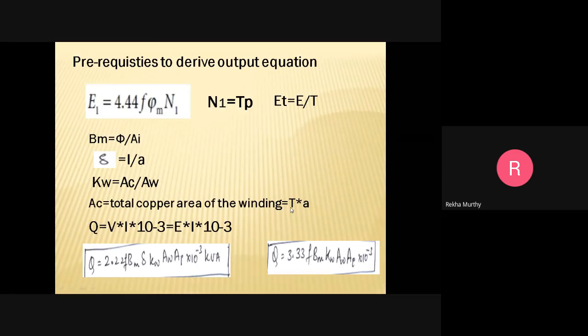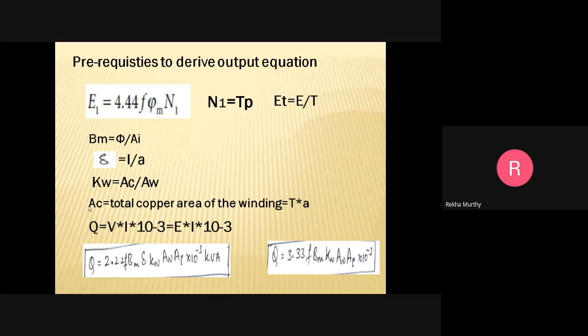It is nothing but the total copper area of the winding, given by the product of turns T into the small a area. If it is primary, it is AP; if secondary, AS. So the area of conductor is 2A.